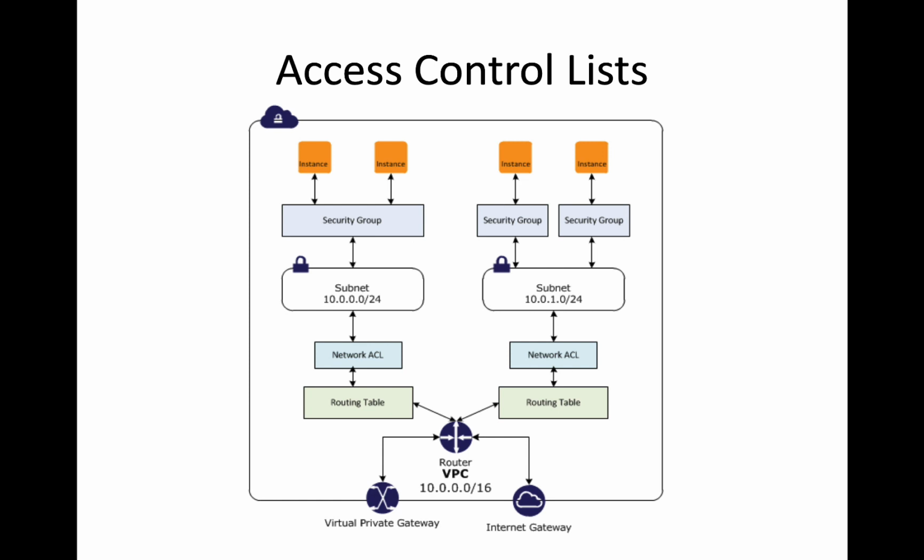So you can see that the network ACL is the first level of filtering that will take place. It's sort of the first security layer that might be blocking communications to your EC2 instance. And once the communications pass the network ACL, then they have to make their way through the security group rules before actually reaching the EC2 instance.